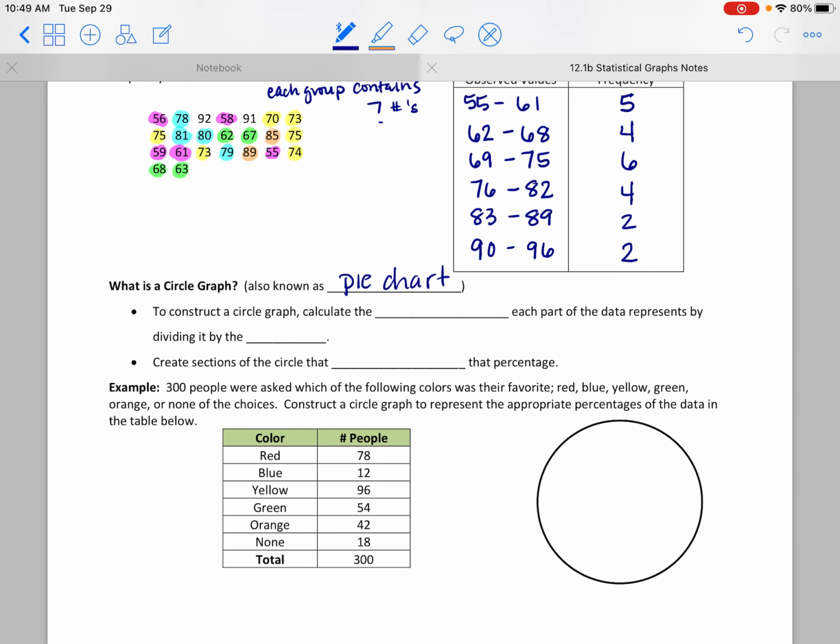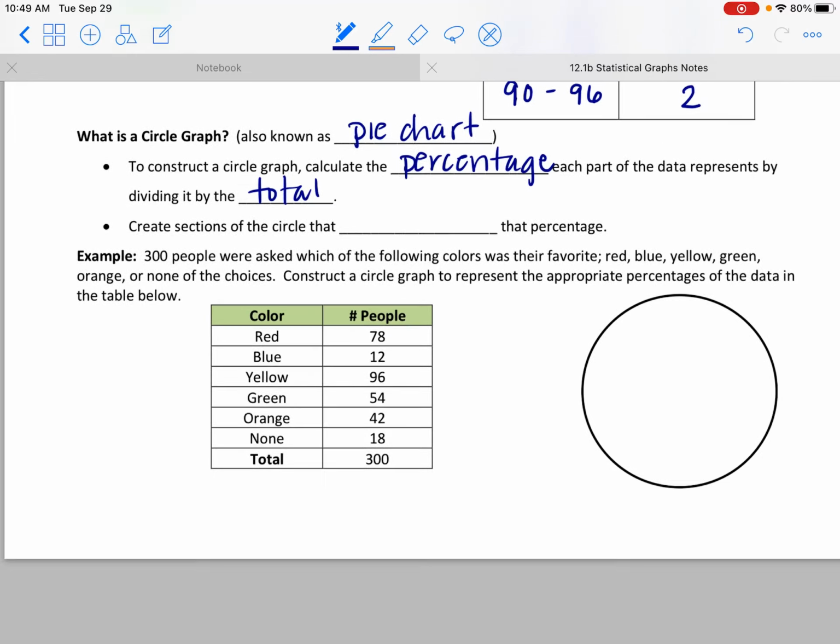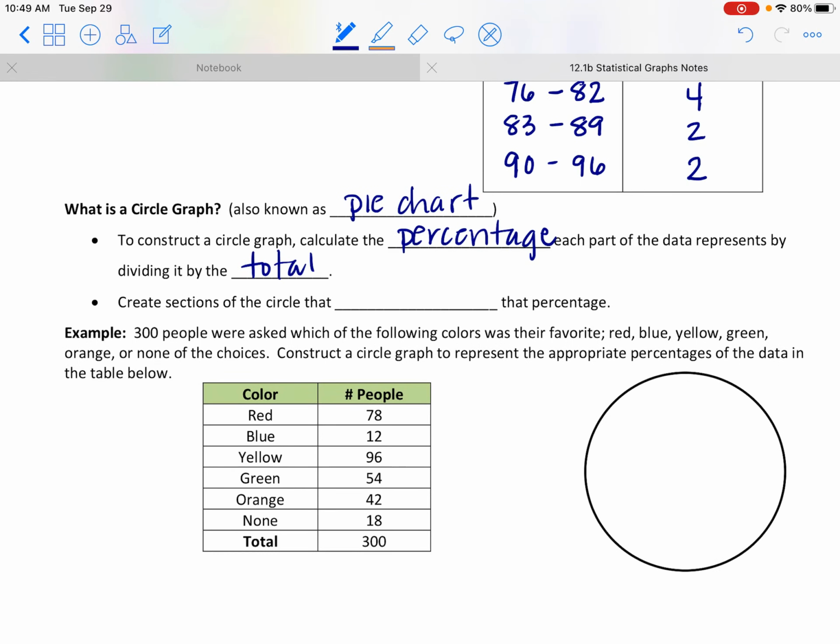But if we're going to construct one, then we have to know the percentage that each part of the data represents in our frequency distribution, and we can find that percentage by dividing by our total. Once we know the percentages, we're just going to create sections of the circle that represent those percentages. It doesn't have to be perfect, but we do want it to look pretty accurate.